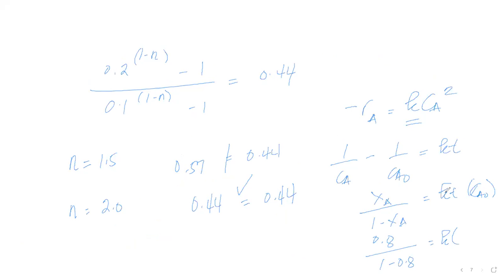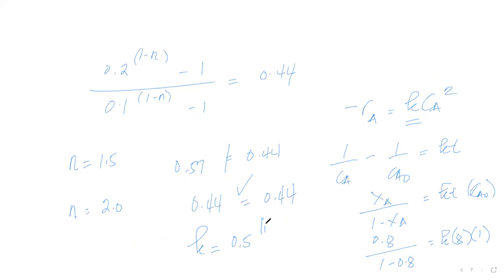So you place here 8 and CAO anyhow is 1. So you will now have a value for the K. Your value for the K will be 0.8 divided by 0.2 divided by 8. So that would be 0.5. So your K is 0.5.